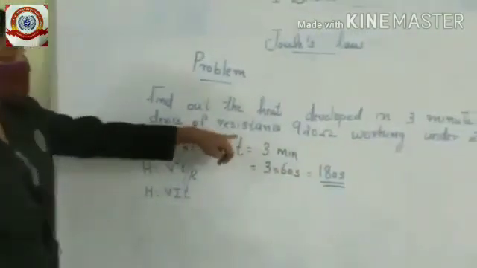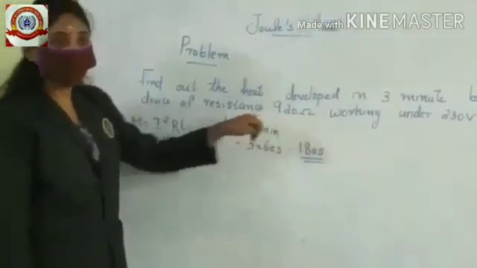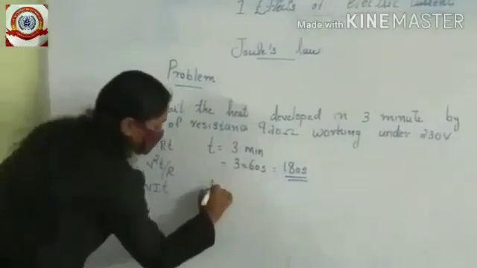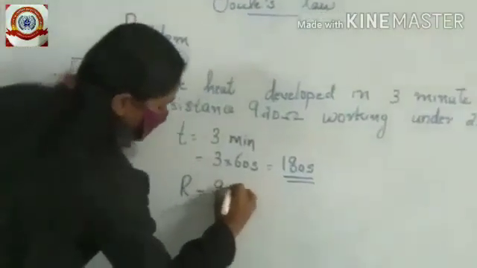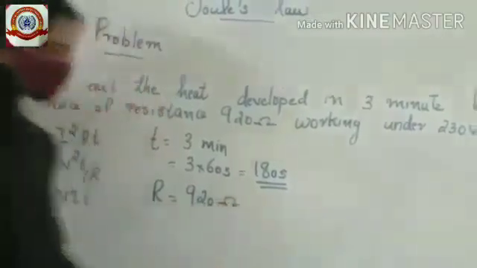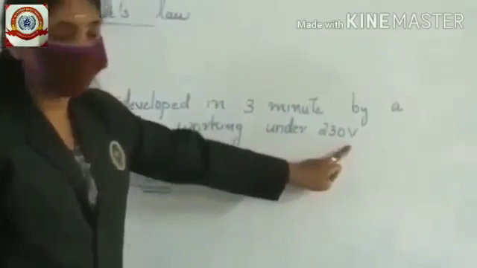And this device has a resistance of 920 ohm. We know ohm is the unit for resistance. That is capital R. Capital R equals 920 ohm. Okay. Then it is working under 230 volt. V is the voltage.